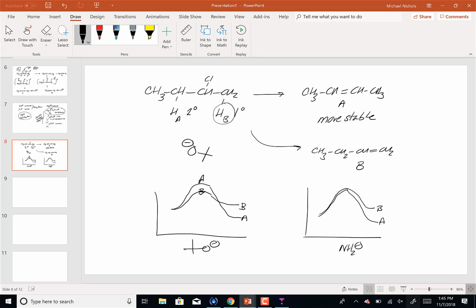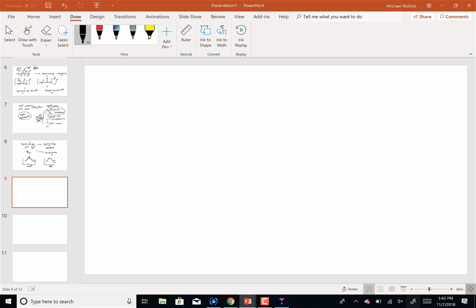Now, there's one caveat to all of this, and that is there is a geometric restriction on an E2 reaction. And here is the geometric restriction. The hydrogen that's being removed, the beta hydrogen, must be anti-periplanar to the leaving group.